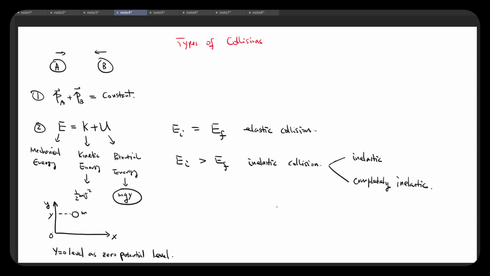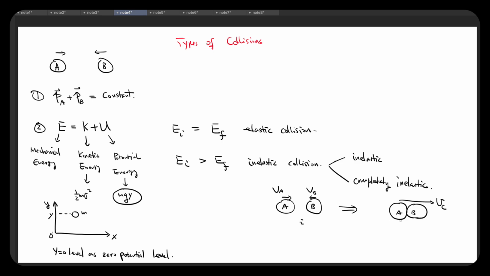Let's look at one example. Let's say there are two objects here colliding. So that's before, let's call this the I state, with VA and VB. And after the collision, they stick together. Now after the collision, they move together with a common velocity.